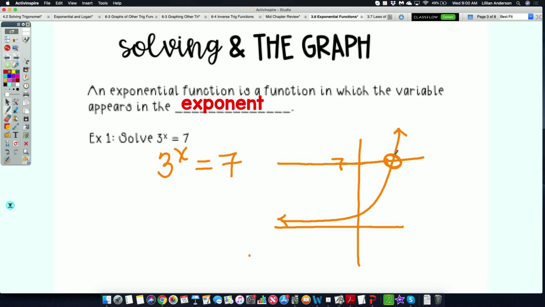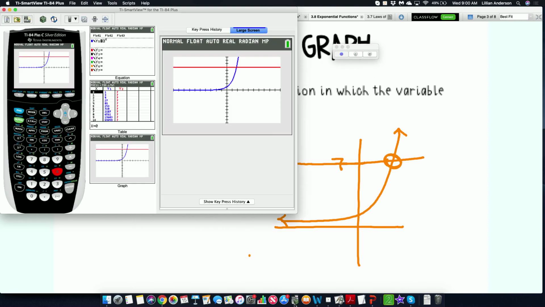Now, because it's asking us to solve, we don't want the full coordinate. We only want the value for what? X. Because technically when you solve this, it wouldn't be just x equals, so we only want the x value, not the coordinate, because we're solving. So there's a difference. How do I get that intersection point?